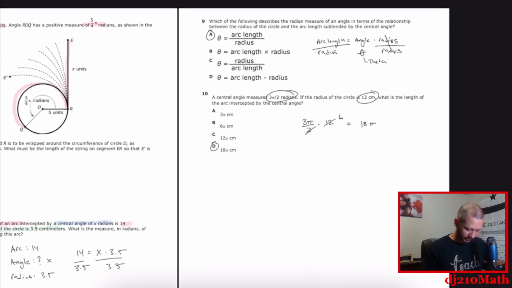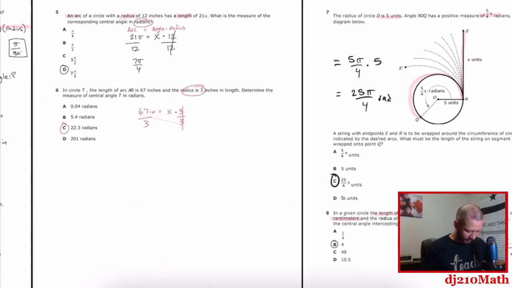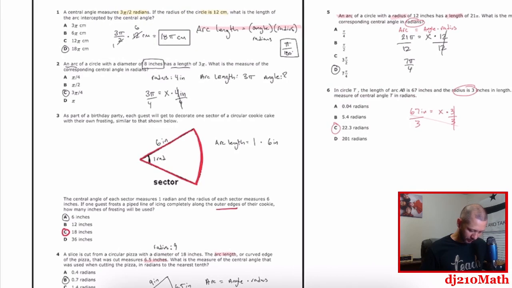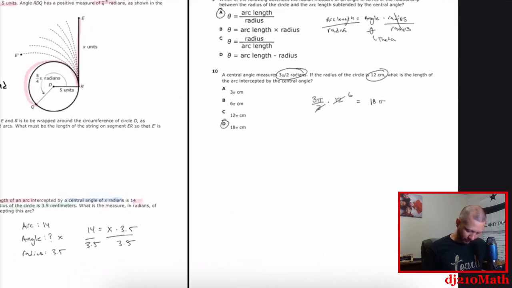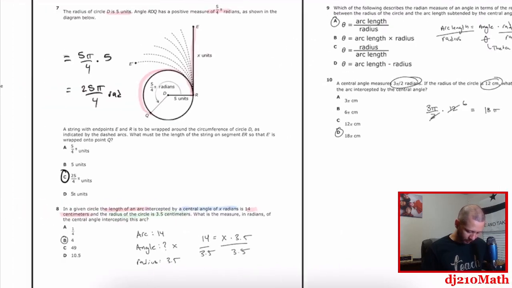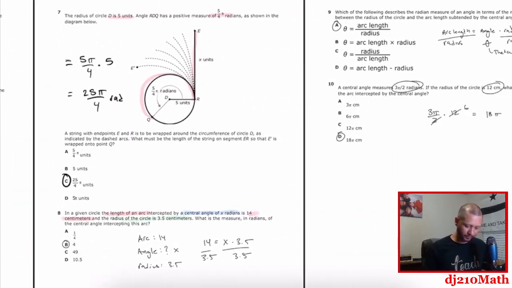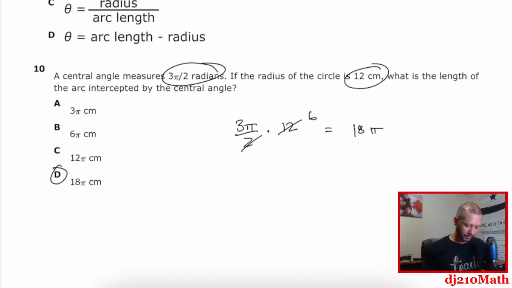There's no way. Central angle, 3 pi over 2 radians. Oh, that's interesting. 1 and 10 are the same.